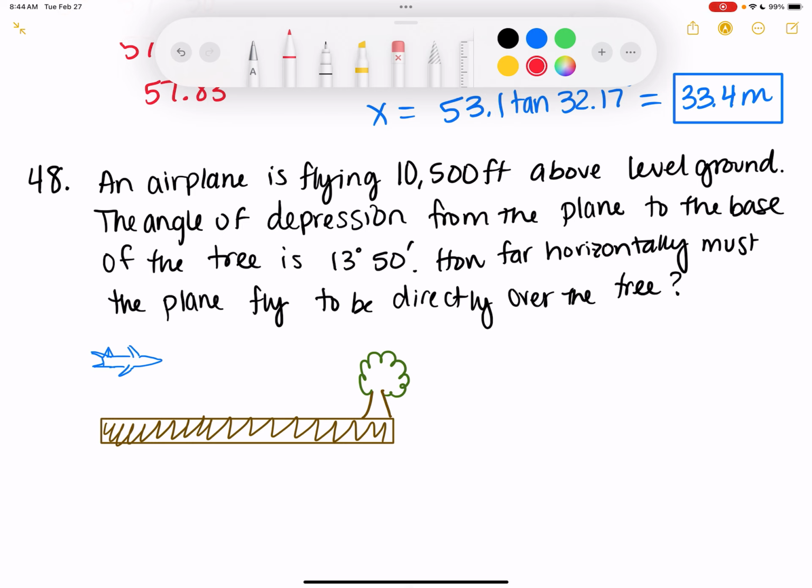Yeah, it just looks like it's a pencil. Good enough. Okay.